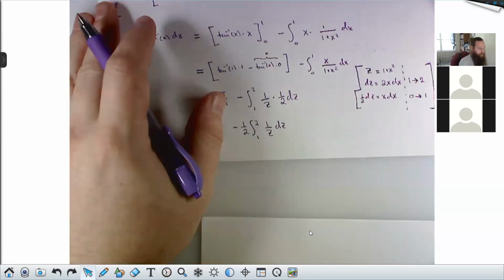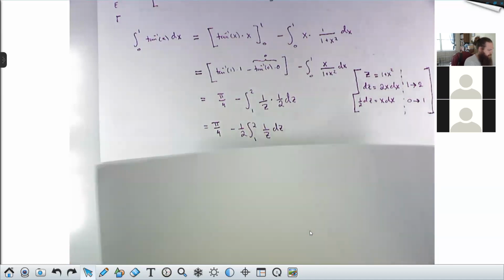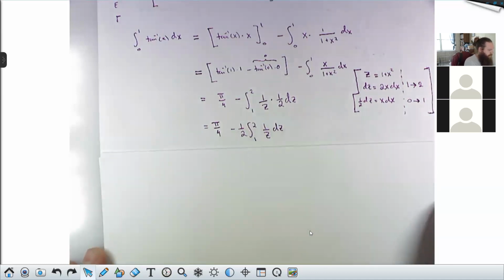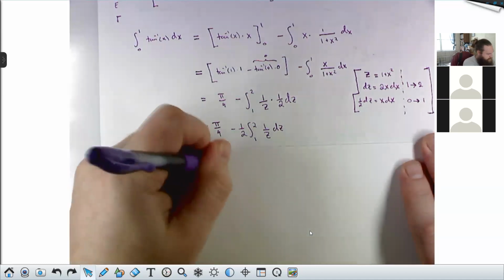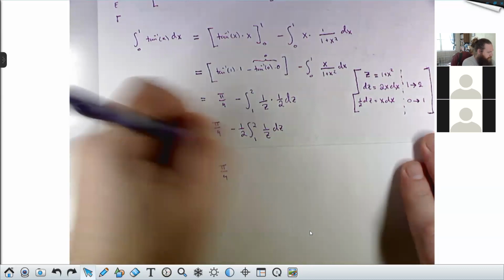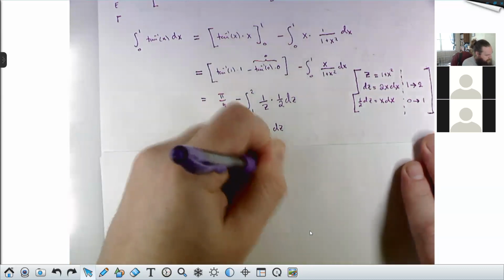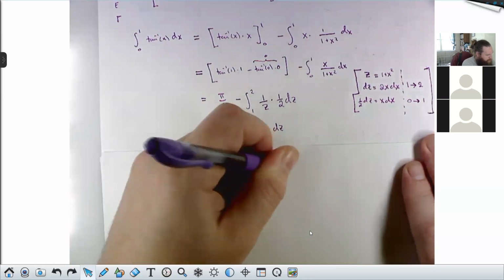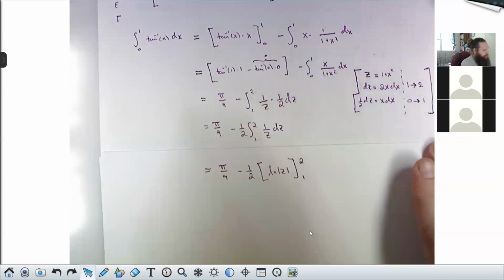I know the integral of 1 over z. What is that? Ln of z. So this would be pi over 4 minus 1/2 times the natural log. If I'm being careful, I put absolute values there. Evaluated from 1 to 2.